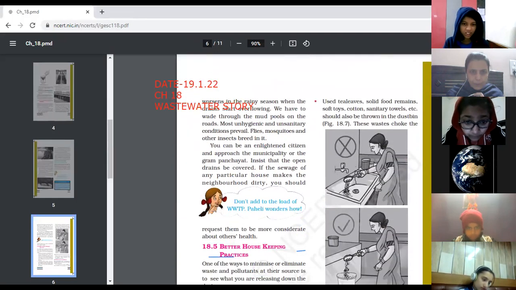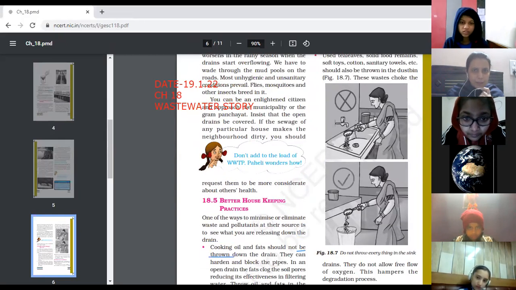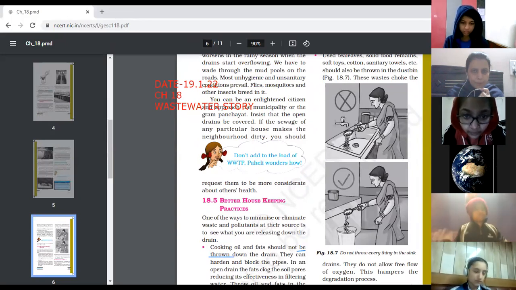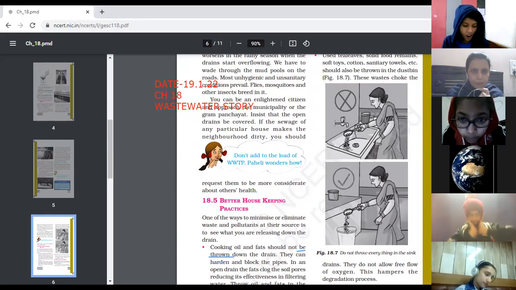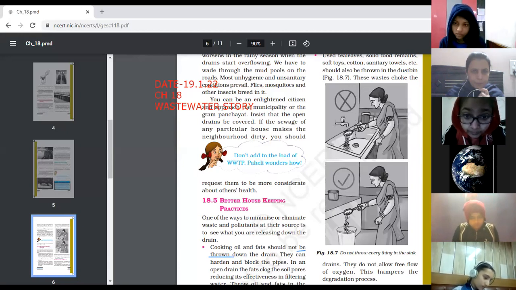The situation worsens in the rainy season when the drains start overflowing. We have to wade through the mud pools on the roads. Most unhygienic and unsanitary conditions prevail, while mosquitoes and other insects breed in it.